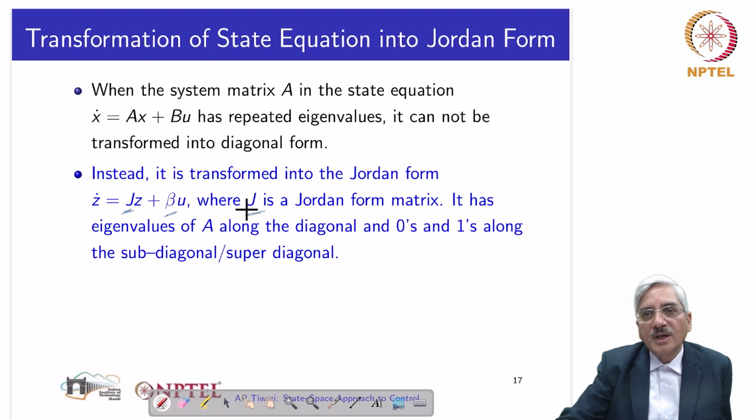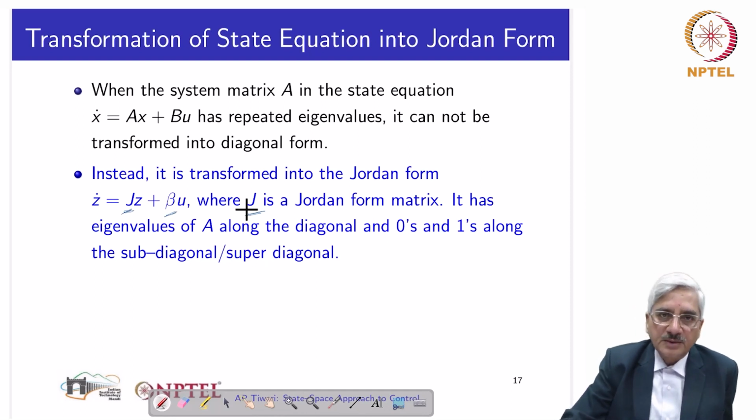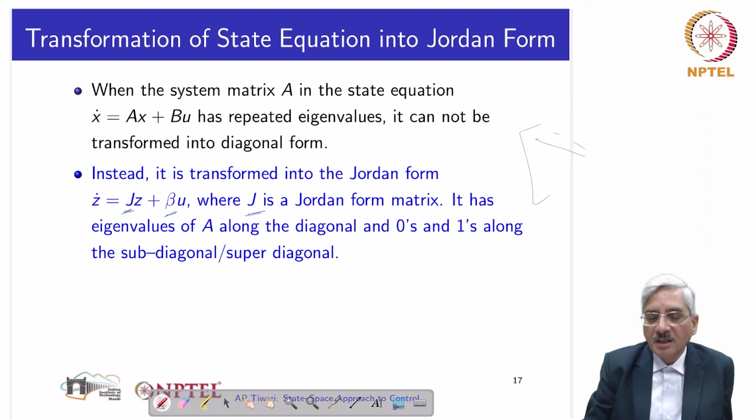We saw while converting the transfer function representation to state space representation that the Jordan form matrix consists of eigenvalues along the diagonal and ones on the subdiagonal, remaining zeros. This we have seen earlier.